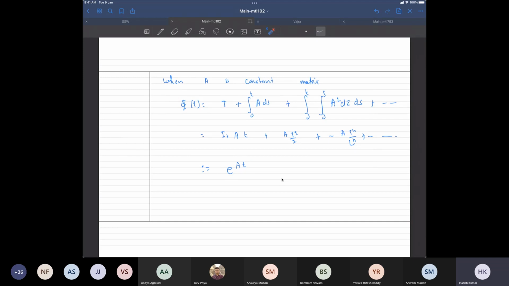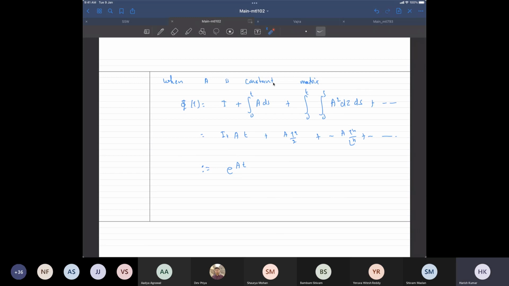And how do you find such an exponential matrix? So given a matrix A, our aim now is to find the exponential matrix. The exponential matrix of At, when t is equal to 1, of course, will be exponential of A.